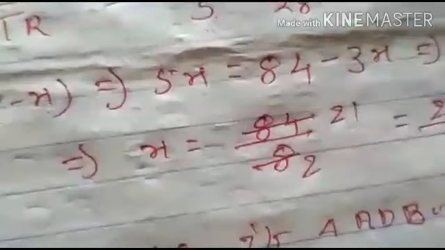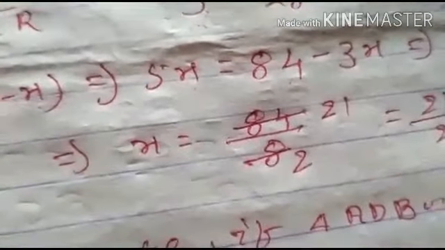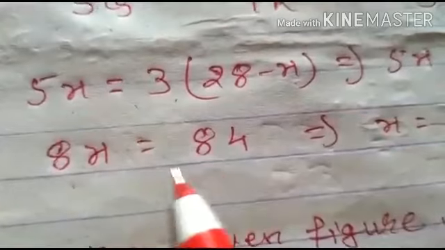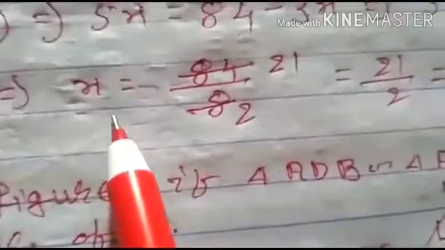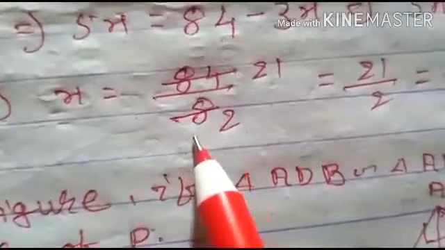When we add together 5x plus 3x, it becomes 8x. 8x equals 84. So therefore x equals 84 by 8.